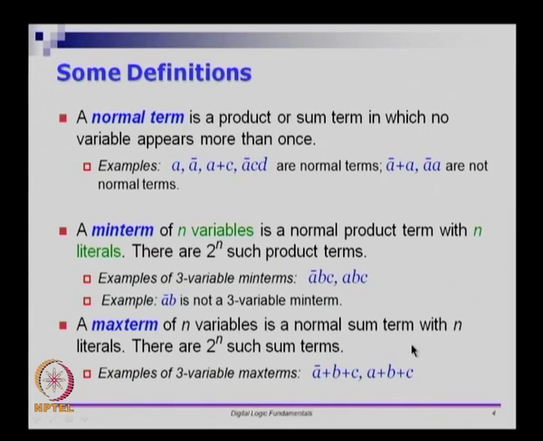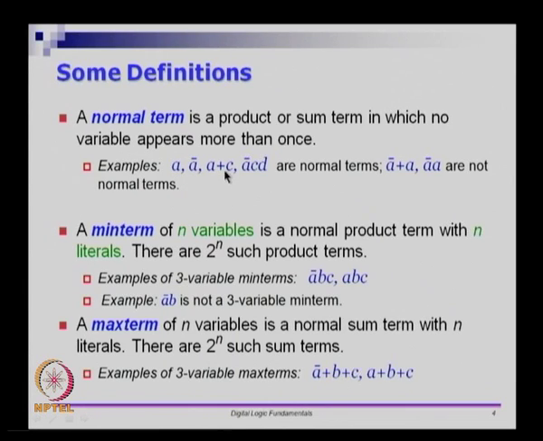Now let us look at what a normal term is. A normal term is usually a product term in which no variables appear more than once. A is a literal, it is a sum term as well as a product term, and there is nothing repeating in it, so it is a normal term. Similarly, a bar.